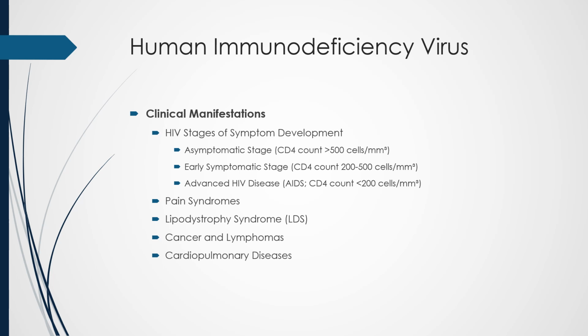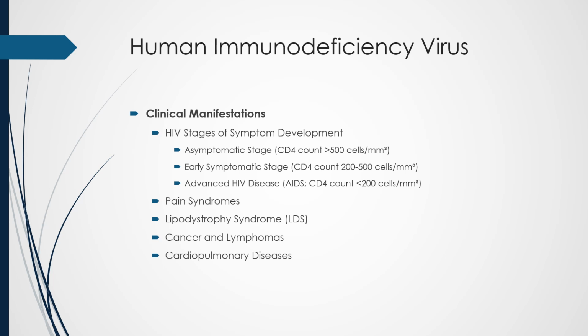Advanced HIV disease is AIDS, where CD4 count is less than 200. There are neurological manifestations such as HIV encephalopathy, leading to severe dementia, incontinence in the later stages.